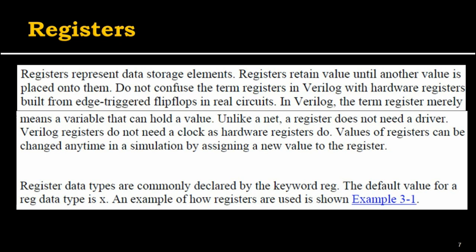The register may be a scalar or a vector. The default size of the register is 32 bits. If the size is not specified, it is by default considered 32 bits.